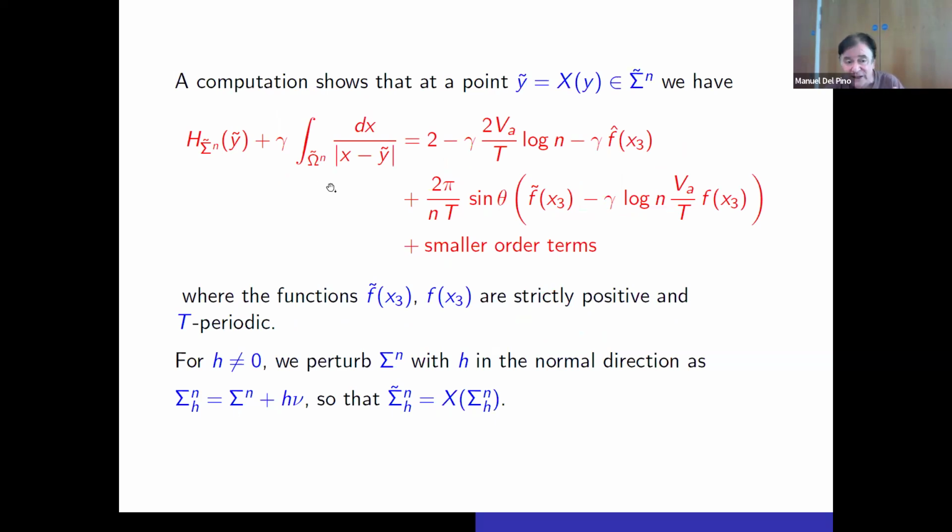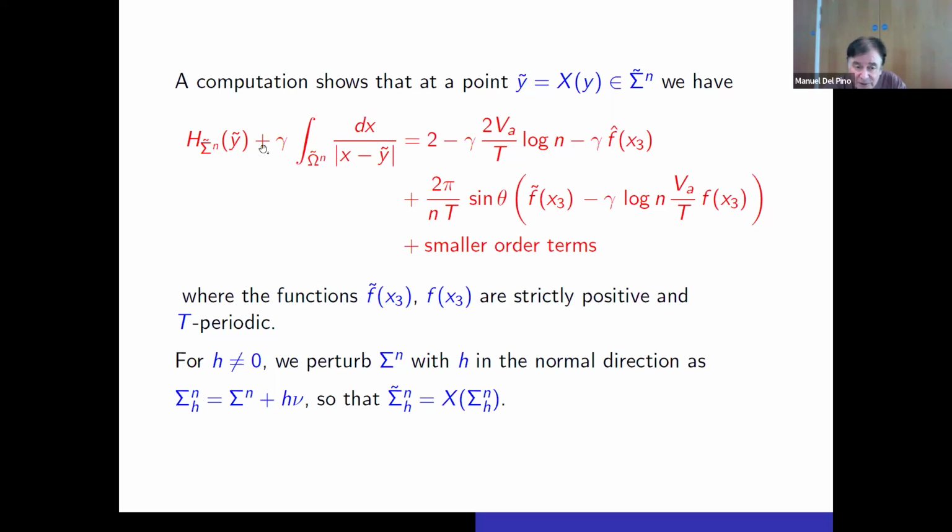The omega tilde n is the unperturbed one without an h. So if you don't include the h, you will find this formula: the mean curvature is equal to 2. However, it is perturbed because there is something coming from here.